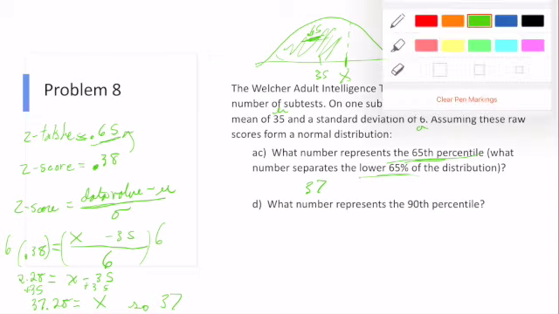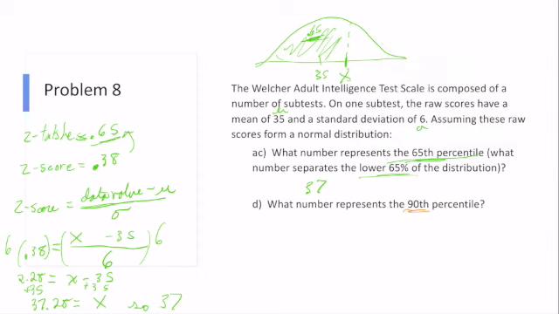Now I'm going to do the same thing for the 90th percentile. I want to know what score separates the lower 90% of the data. So I take my z-table value of 0.9, right? That's the area under the curve. I go to my z-table and I find that the z-score associated with an area of 0.9 is 1.28.